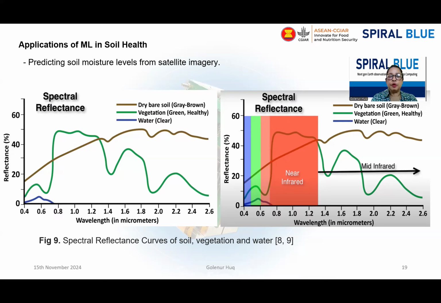The individual response of certain features in specific bands is commonly known as spectral reflectance. Here you can see the spectral signature of green vegetation always manifests peaks and valleys. That means an up and down configuration.